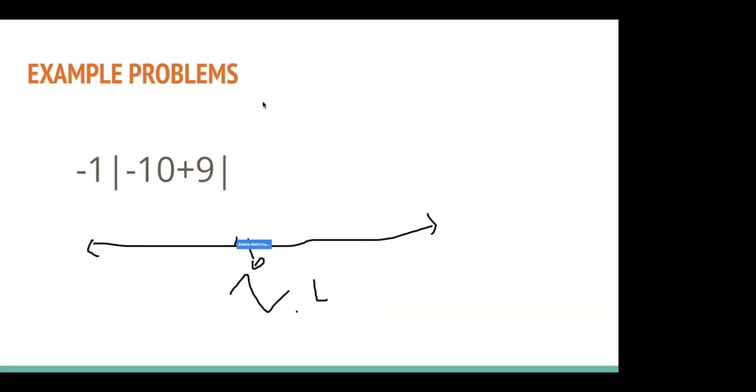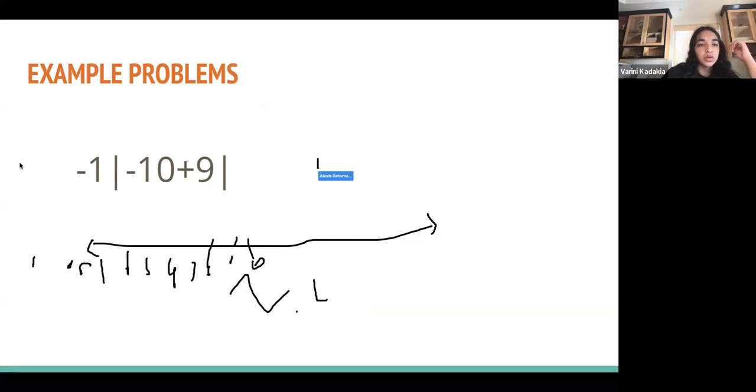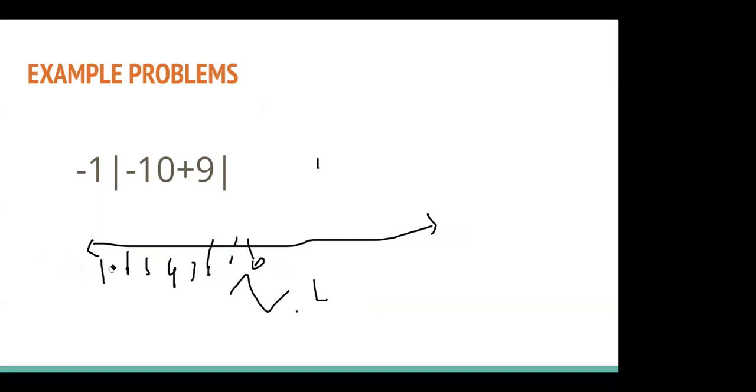Imagine you're owing somebody a total of 10 Ghana cedis.